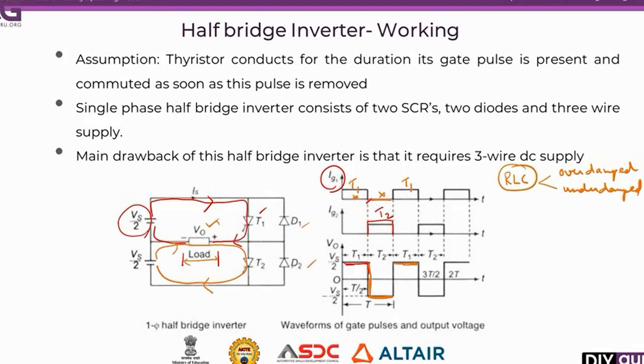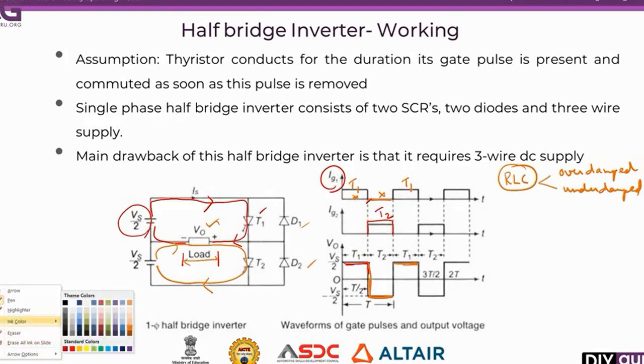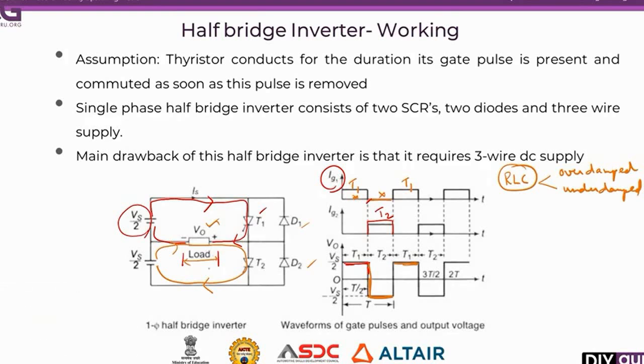When diodes D1 and D2 are conducting, current will be flowing from the load to the source.